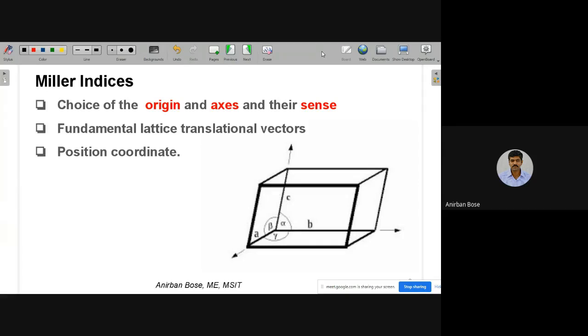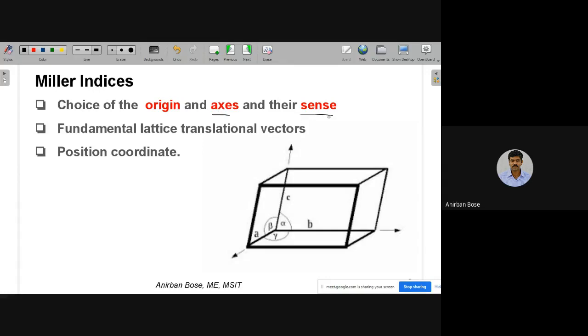The next thing is the selection of origin. Which one will you consider as the origin? The answer is that it is your choice. The user can take any point as the origin. So this is up to the user. He will define which one will be the origin, and not only the origin, but also the axes and their sense.